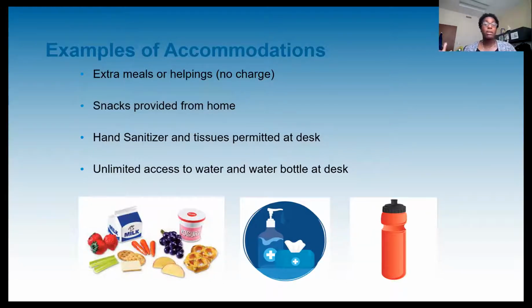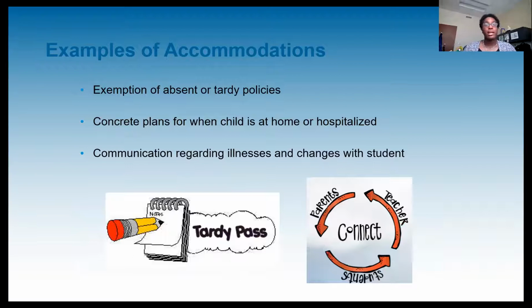And then sometimes they're able to go to the nurse's office, for example, to have a snack if they need one throughout the day. Other accommodations include having hand sanitizer or tissues at the desk, having unlimited access to water or a water bottle at the desk, as well as during hot weather exercise and PE, having Gatorade or other electrolyte drinks.